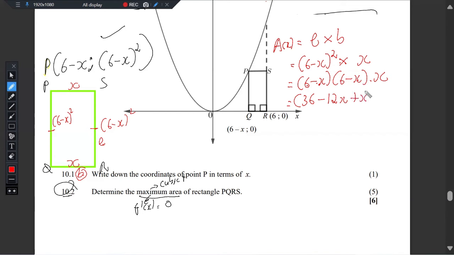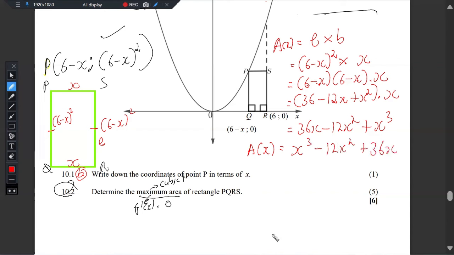That's positive x squared. Then I still have this x outside here. Now I can multiply inside with this x, which will give me 36x minus 12x squared, and then plus x cubed, right? Because I want to deal with this in a way that I'm used to, let me arrange it as x cubed minus 12x squared, then plus 36x.